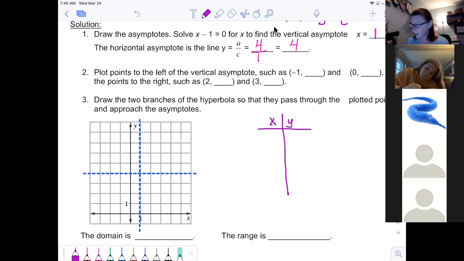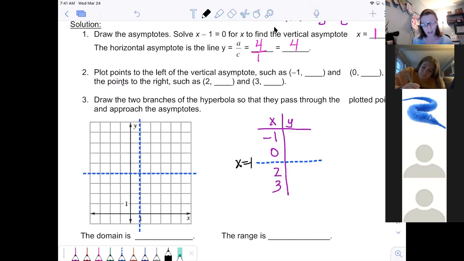I'm just going to write them again. So it says plot points to the left, such as -1 and 0, and points to the right, such as 2 and 3. So in between here has to be that asymptote at 1. So it might help you to draw in that asymptote to kind of divide up your graph.